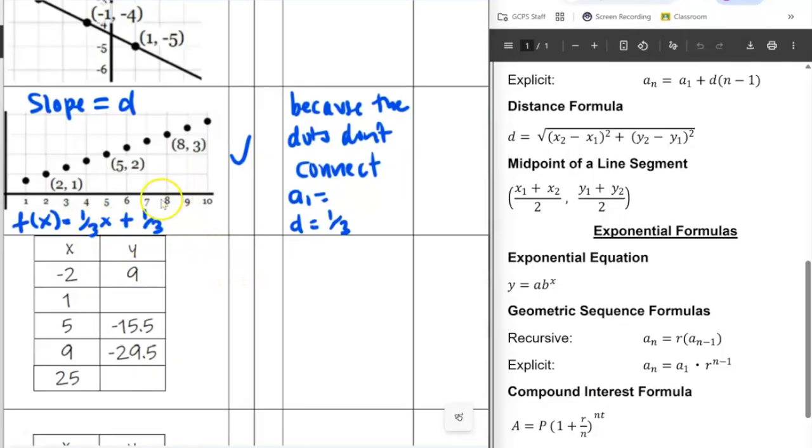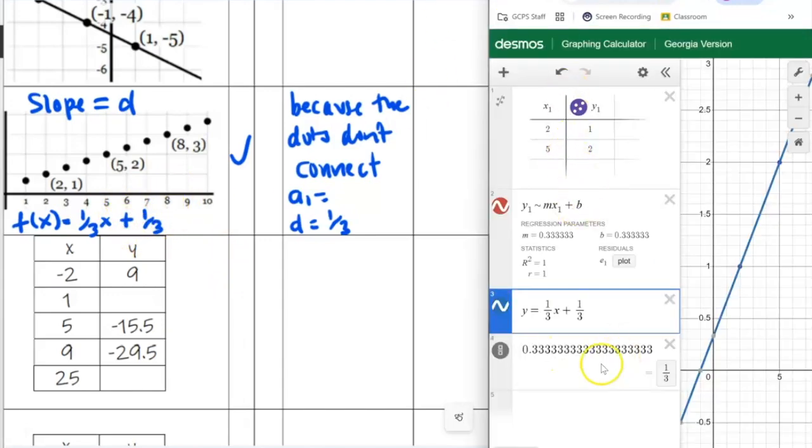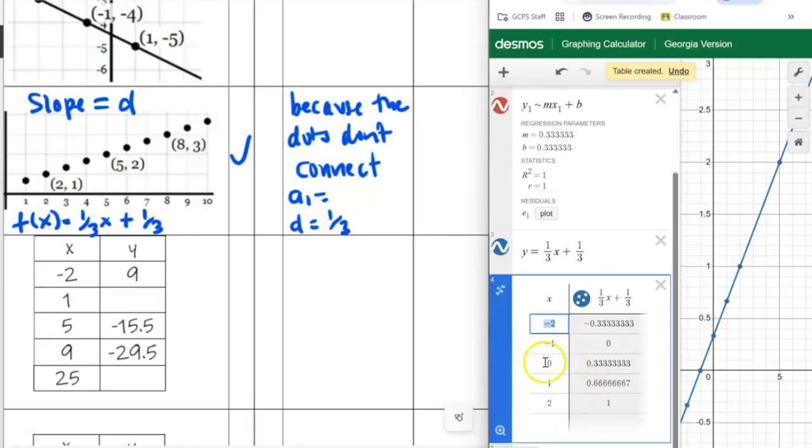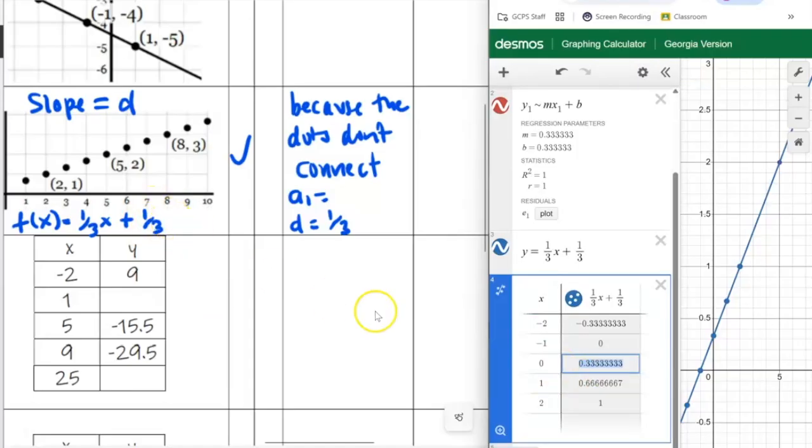What is my first term? Now, my first term is not my y-intercept because remember, my y-intercept happens when x equals 0. So I'm going to show you that again. So here's my function. I'm going to make that into a table. You can see this is my y-intercept where x is equal to 0, which makes sense. There's the 1/3. But my first term is this.